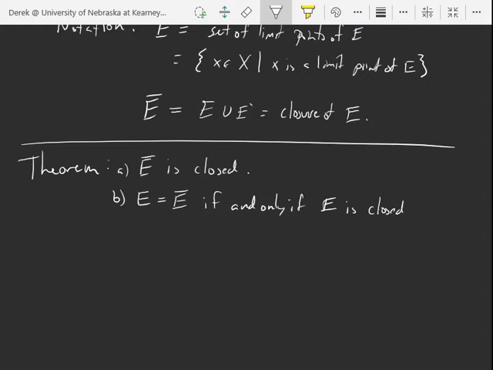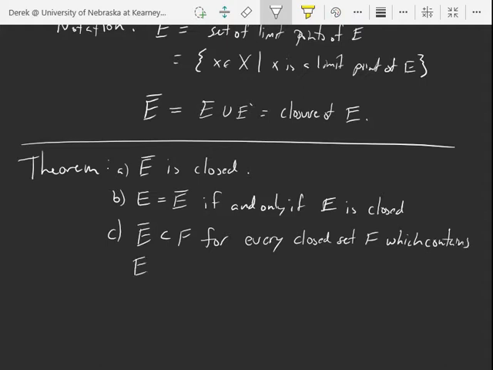This one's a really easy part of that proof. And then C: E closure is contained in F for every closed set F which contains E.